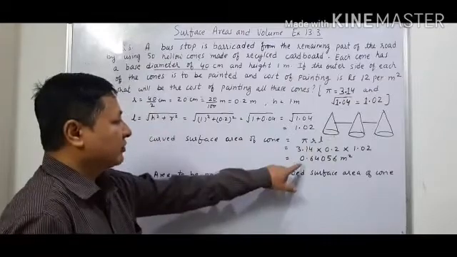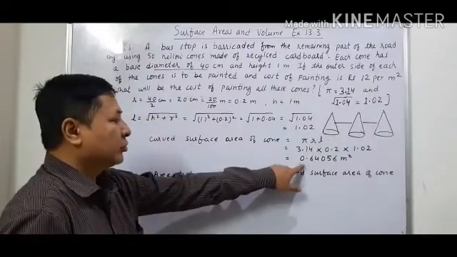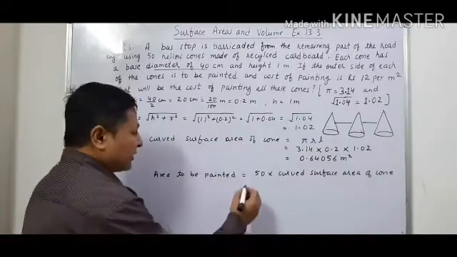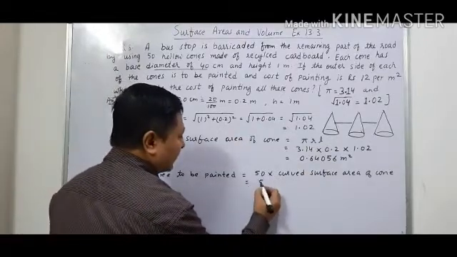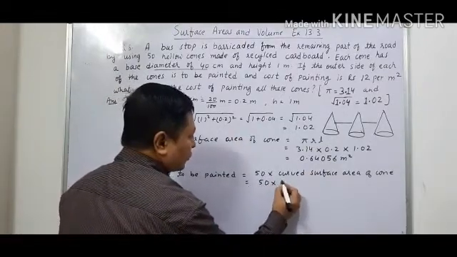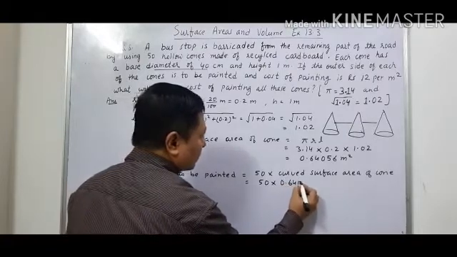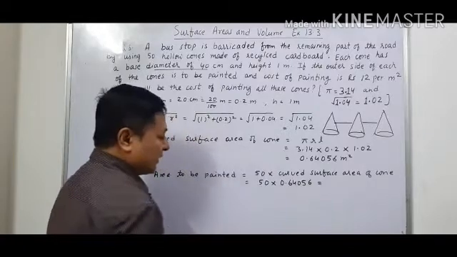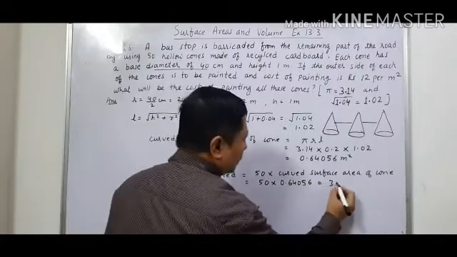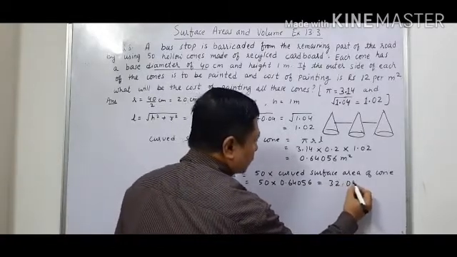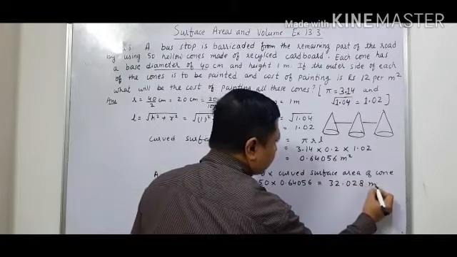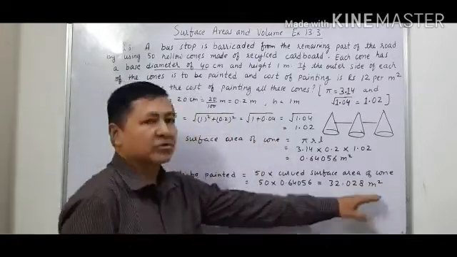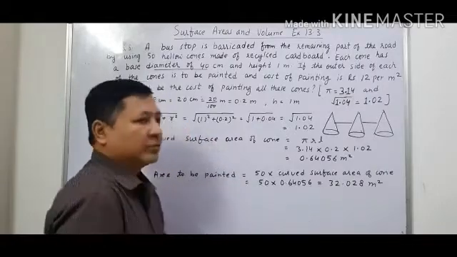The curved surface area of one cone is 0.64056 meter square. So we'll multiply this by 50, and we'll get the answer 32.028 meter square. So that means 32.028 meter square area has to be painted.